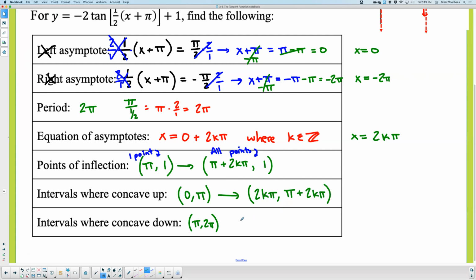That would be all intervals of concave up. All intervals of concave down would be pi plus 2k pi, comma, 2 pi plus 2k pi. It's getting confusing to write that, but that's how you'd write that.